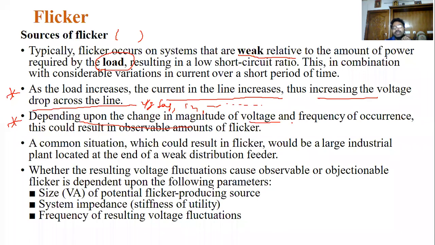Remember, voltage and frequency. This is also an important point when you are measuring the flicker. But in the case of voltage sags and interruption, we only see the magnitude and the time of the voltages or current. But in this flicker case, we can also consider the frequency.